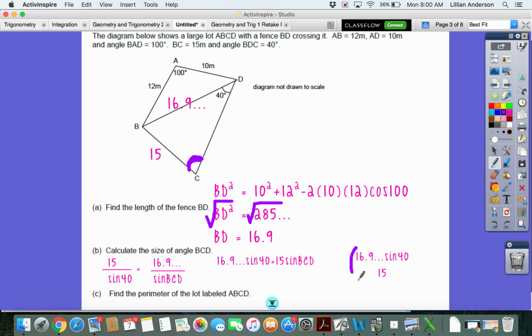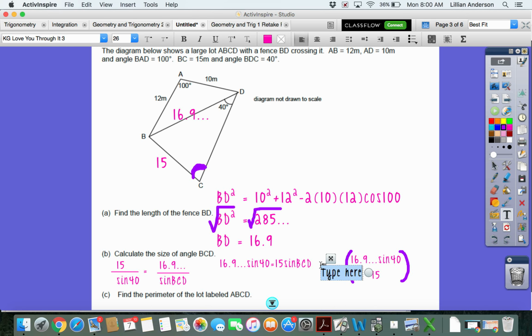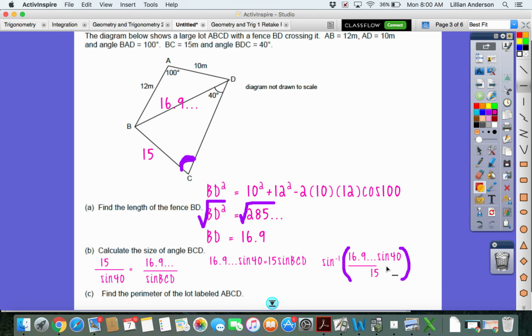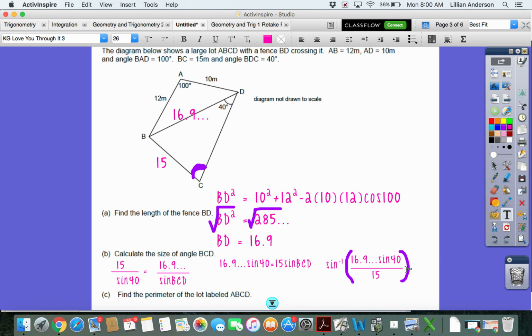So we divide both sides by 15, and then you do the inverse of sine. Please bear with me. I am doing this all through typing, so I'm trying to make it nicely visual for you guys.